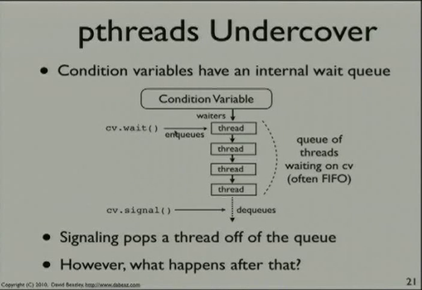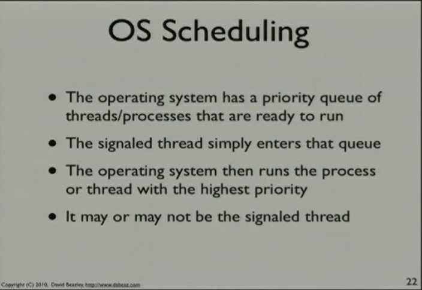In many cases, this is just like a FIFO queue that gets built up in pthreads, and it will take a certain number of signaling operations to come off. And when you get popped off, so let's say you get signaled, you essentially enter the operating system run queue or the ready queue, and then you fight with all of the other processes and threads that are running. So if you signal a thread, it will go compete with everything that's going on in the operating system, and then the operating system will just run whatever it thinks it should be running at that time.